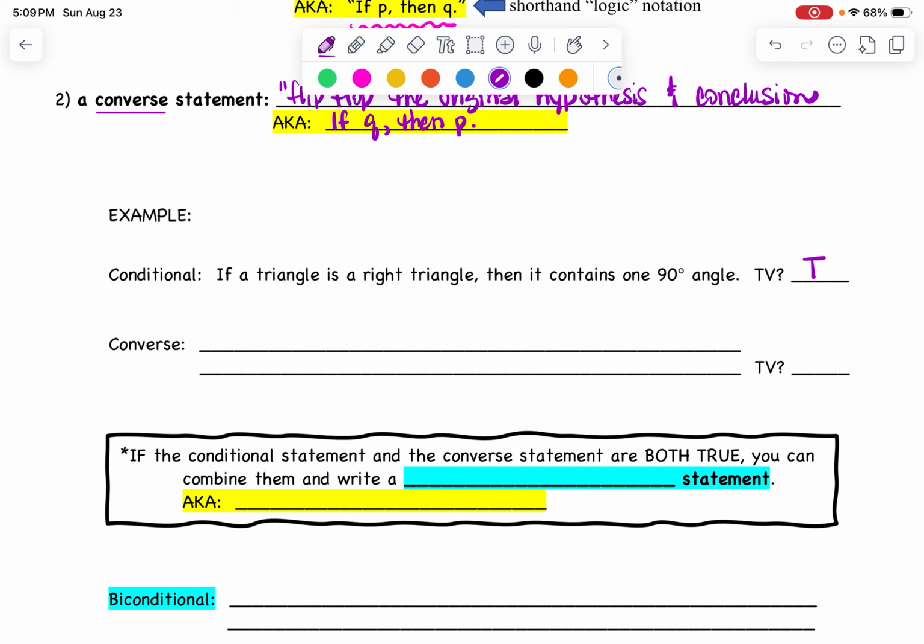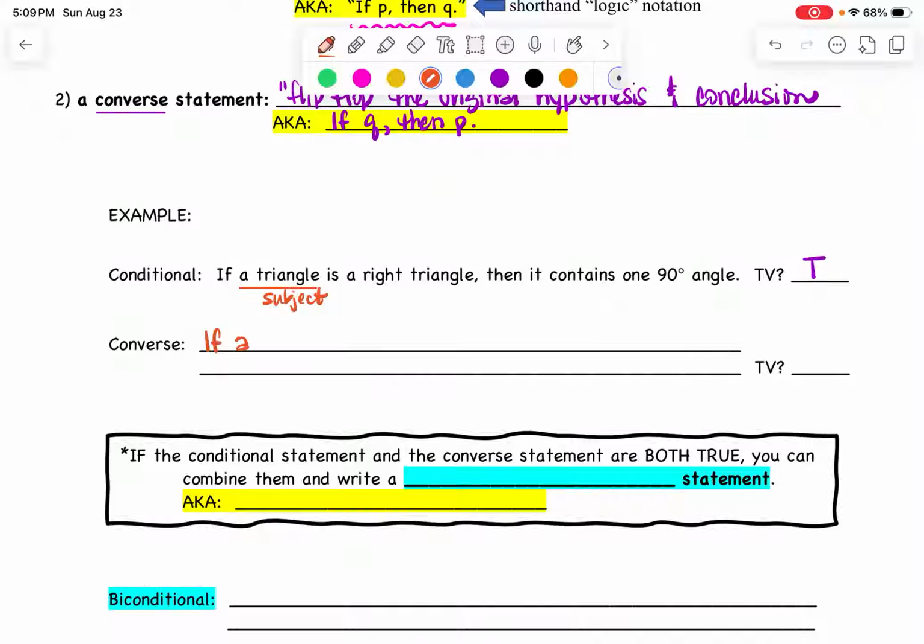But now what we're going to do is we are going to flip-flop it, right, and write the converse of this conditional. Now, the one thing you do want to be careful about is I don't want to just pick up the conclusion and just move it to the front, because my conclusion contains the word it, which I don't want in the hypothesis. So we want to make sure we find that subject, which would be a triangle, right? And I'm going to keep it in the front as my subject because my reader needs to know what we're talking about.